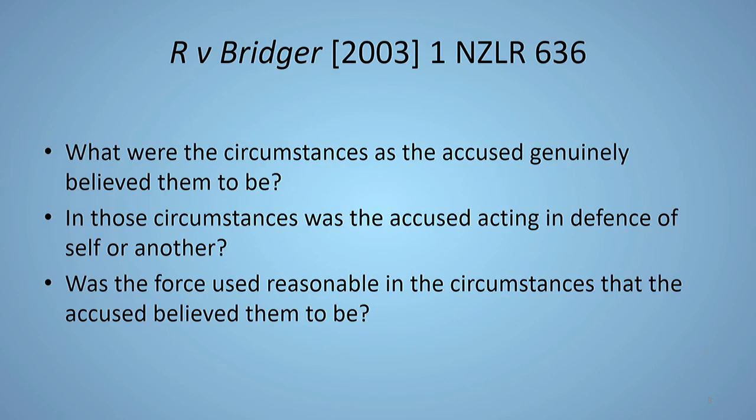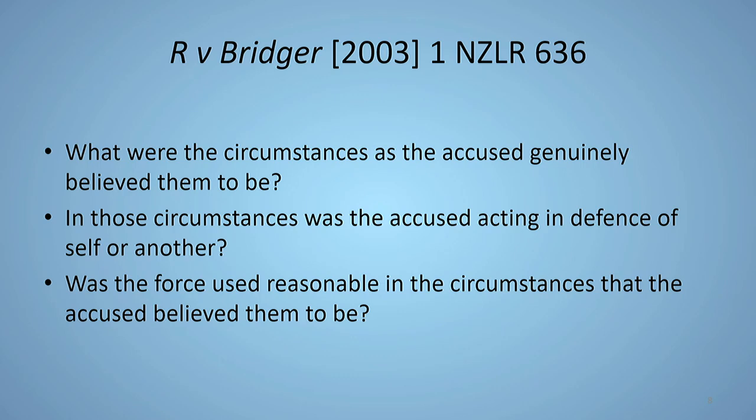First, what were the circumstances the accused honestly believed them to be? Subjective. Secondly, in those circumstances, were they acting in defence of themselves or another? Subjective. And then finally, was the force used reasonable in the circumstances that they believed them to be in? The reasonableness brings in that objective element.